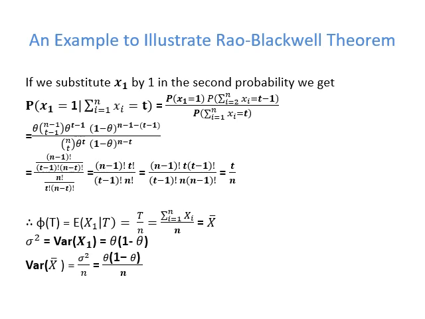As you know, n minus 1 choose t minus 1 is n minus 1 factorial divided by t minus 1 factorial times n minus t factorial. This is for the numerator. Whereas for the denominator, the term n choose t will be n factorial divided by t factorial times n minus t factorial.